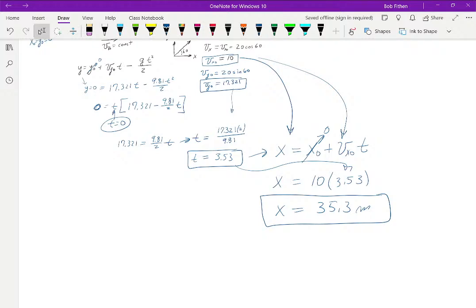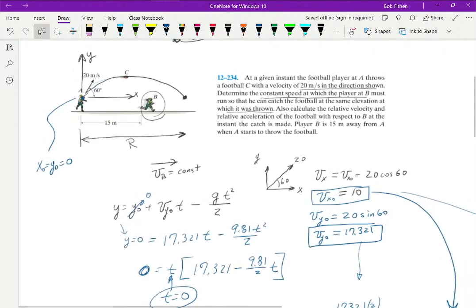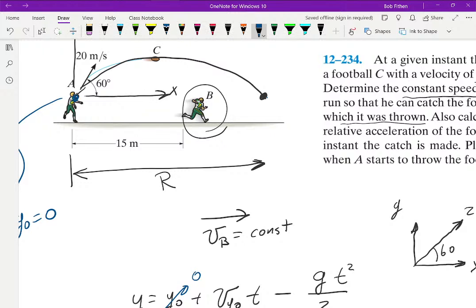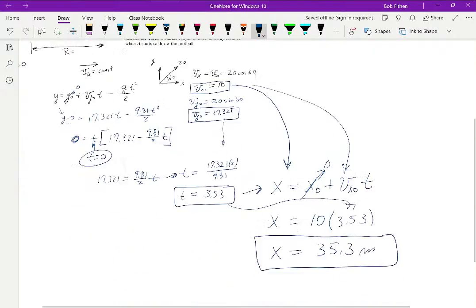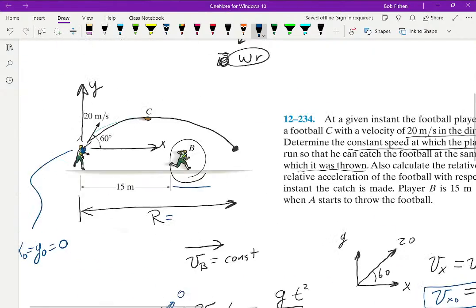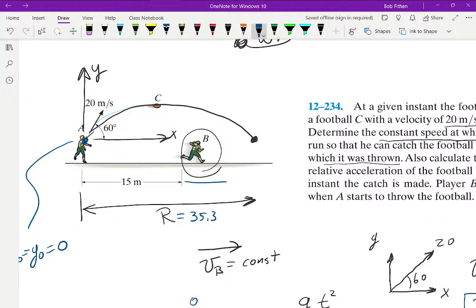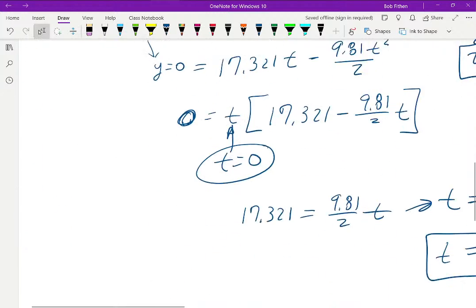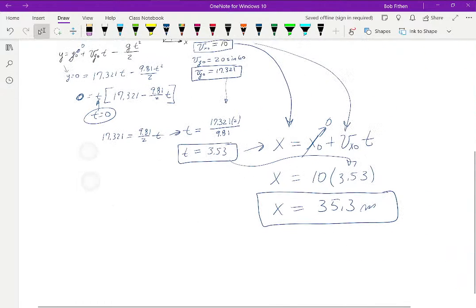Since he already started 15 meters downfield, and this is 35.3, take 15 off of that and you get around 20.3. So he has to run 20.3 meters in that same exact amount of time.